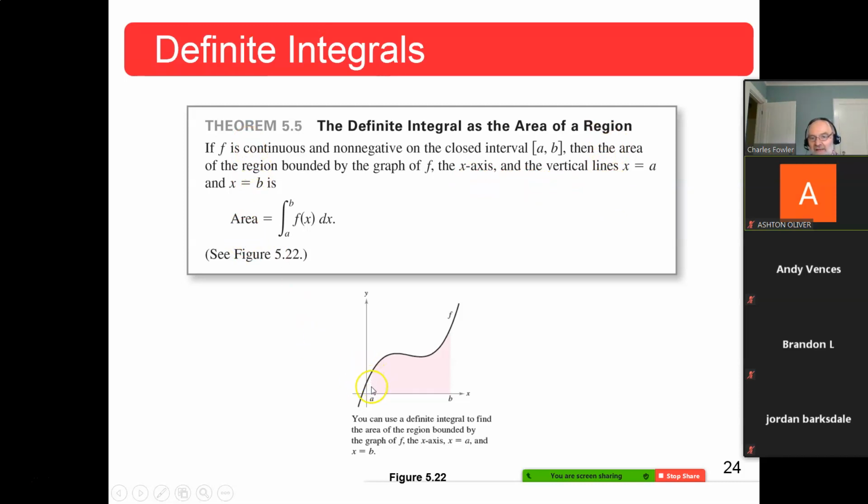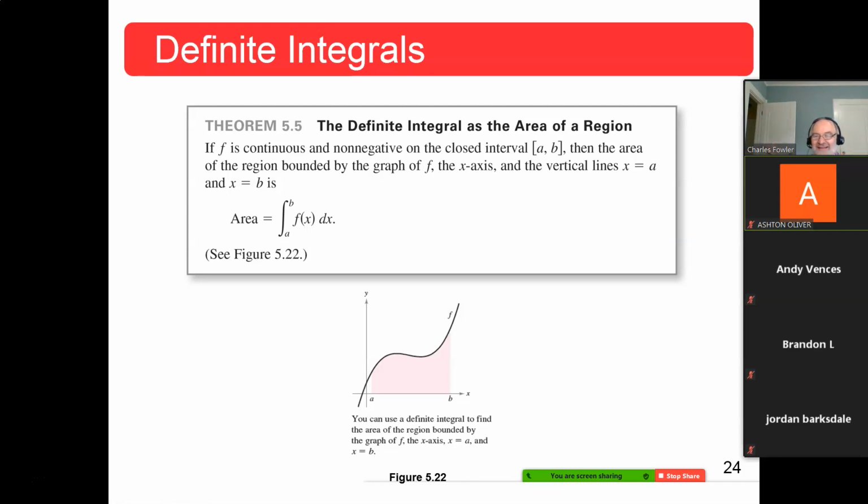Here's x equal a, here's x equal b, vertical lines there. The function here and the x-axis down here. This area here is the integral from a to b of f of x dx. Okay, that's what we just did without any Riemann sums. It's just that.